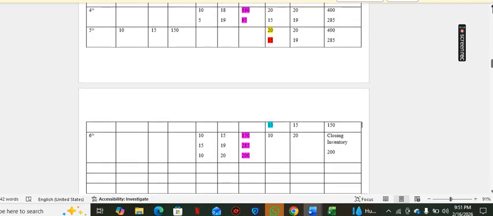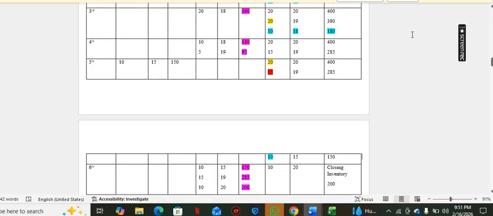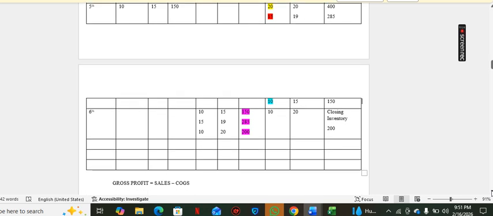So let me tabulate them. We have 360 plus 180 plus 95 plus 150 plus 285 plus 200, so we get 1,270.